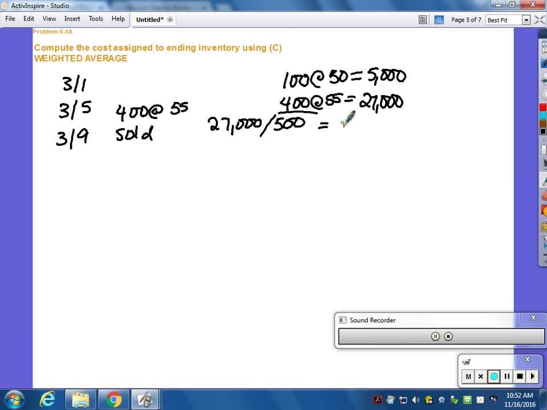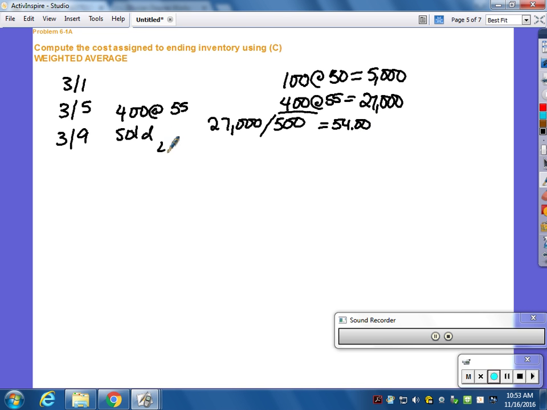So 22,000 plus 5,000 is 27,000. So the 27,000 divided by the 500 units in inventory gives us an average unit price of what? $54.